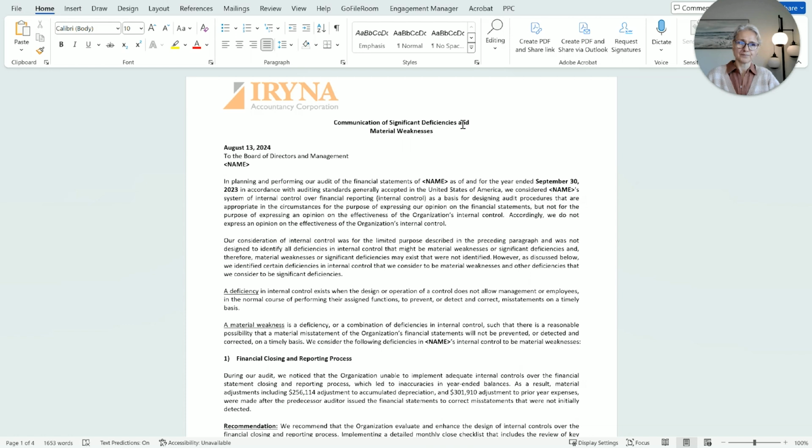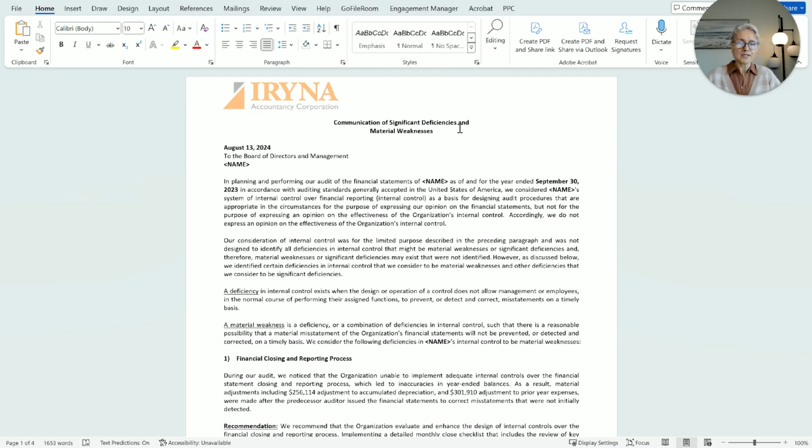We as the auditors have to communicate to the management if we identified any areas of concern, meaning any areas where the management can improve and make it better. This is an internal letter, and typically that letter is not distributed to outside parties. It's specifically for the management. However, we are aware that some funders do ask for a copy of the letter.